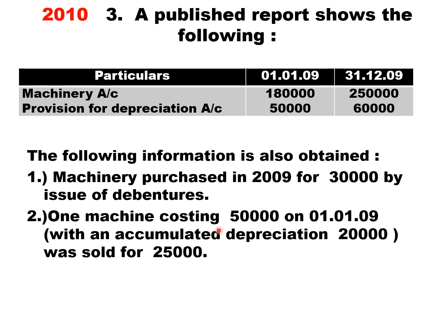One machine costing rupees 50,000 on 1-1-09 with accumulated depreciation 20,000 was sold for 25,000. Students, as I told you, whenever there is a sale, you need to take 3 entries. What are those 3 entries? Sale, depreciation, loss.